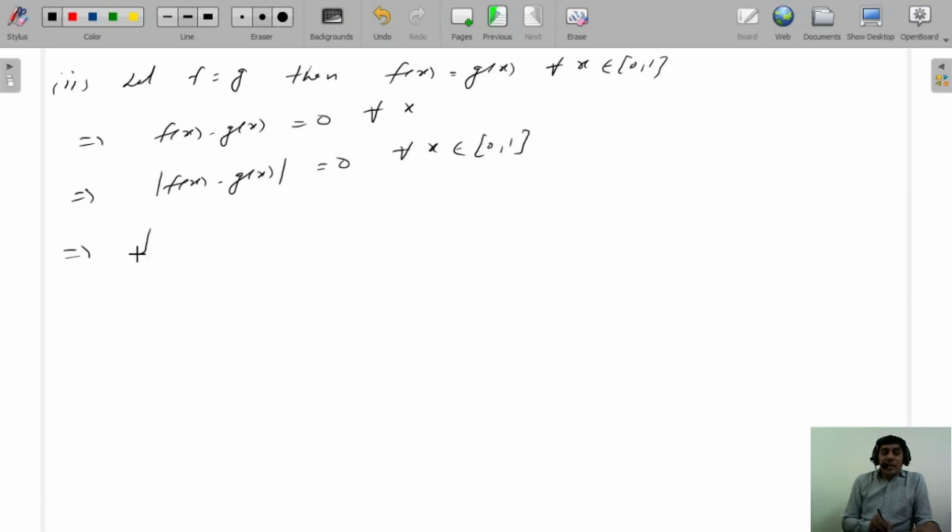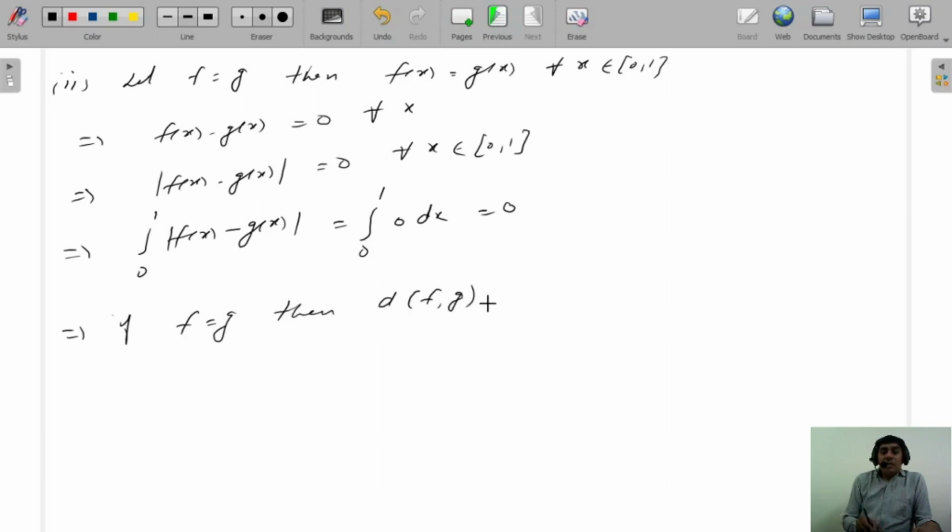This implies the integral from 0 to 1 of modulus of f(x) minus g(x) is equal to the integral from 0 to 1 of 0 dx, which is equal to 0. This implies if f is equal to g, then d(f,g) is equal to 0 for every f, g belongs to capital X. So second property is also satisfied.